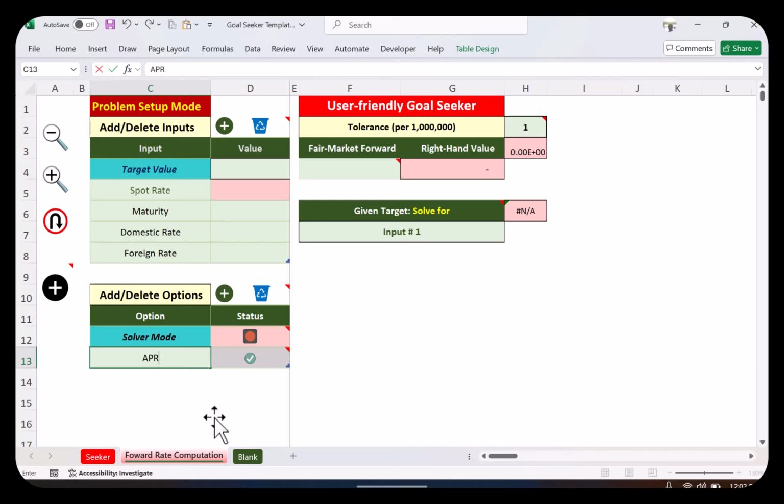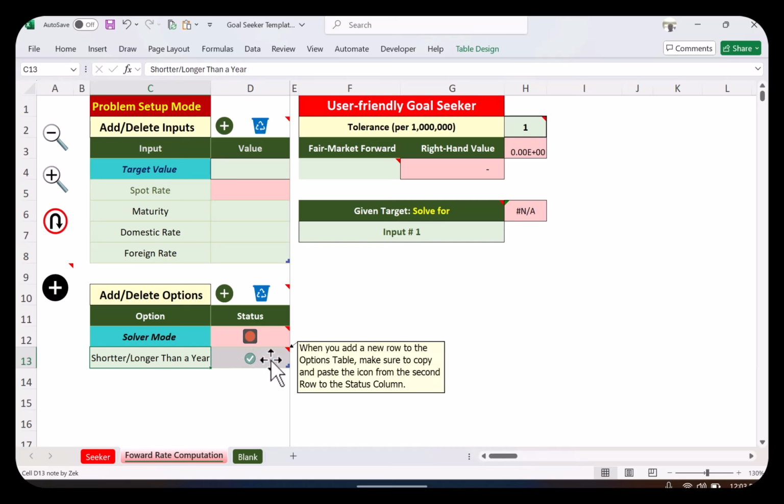APR or year or less, shorter or longer than a year. I'm going to revise that, but these are nice little things.